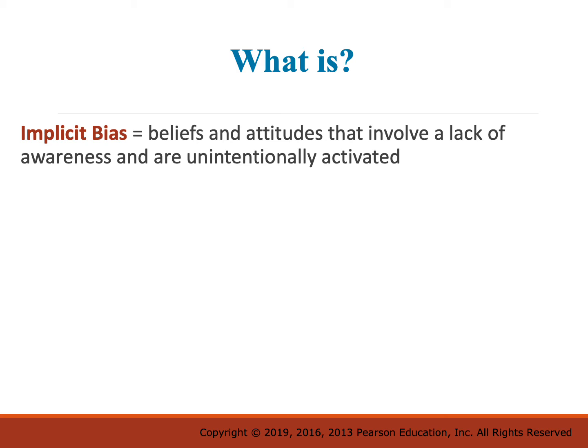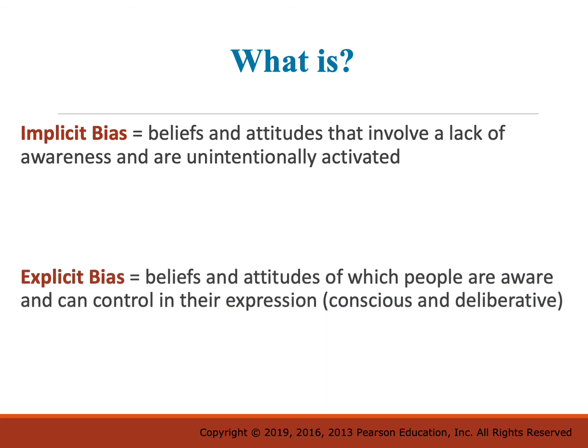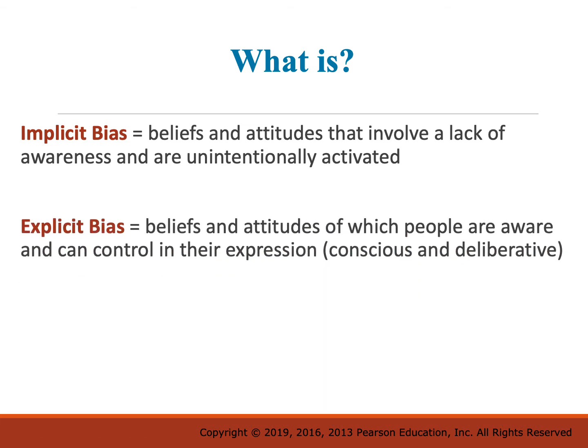There's these implicit biases there, sexism and racism. What's the difference between an implicit bias and an explicit bias? Well, as we mentioned, an explicit bias is those beliefs and attitudes of which people are aware and can control in their expression, right? So they're conscious and they're deliberate, right?